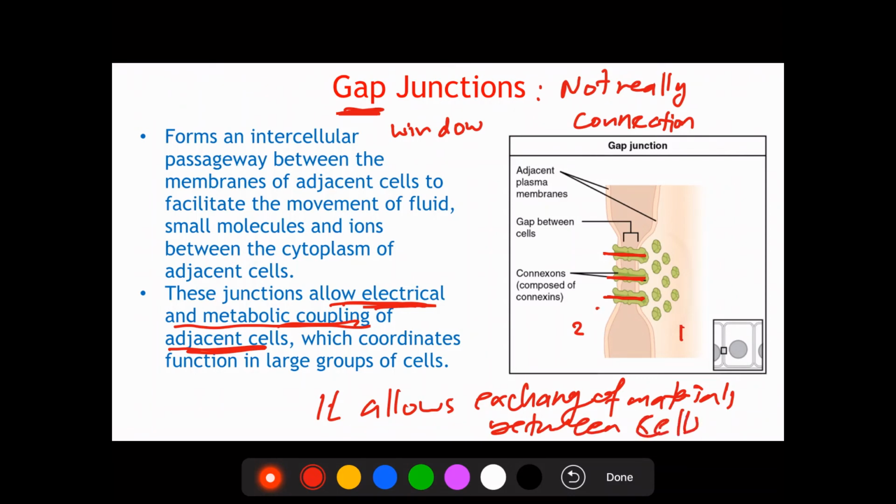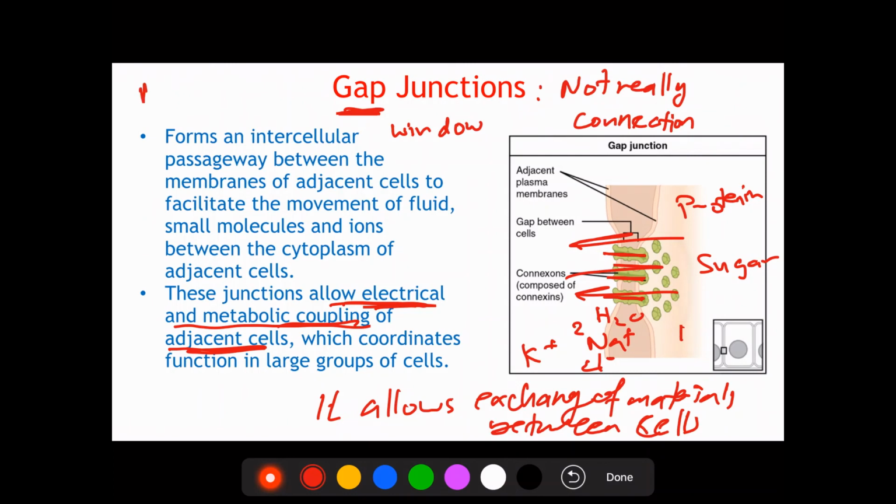Like water, ions, sometimes sugar, sometimes protein, and so on. Some of these materials might be allowed to exchange between the cells. Okay, so this is the gap junction.